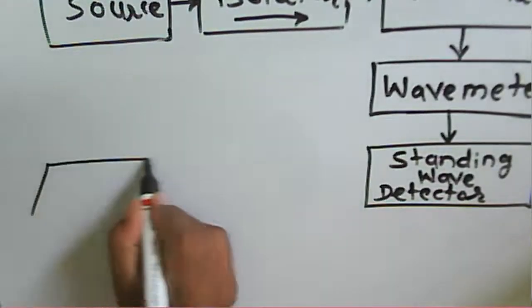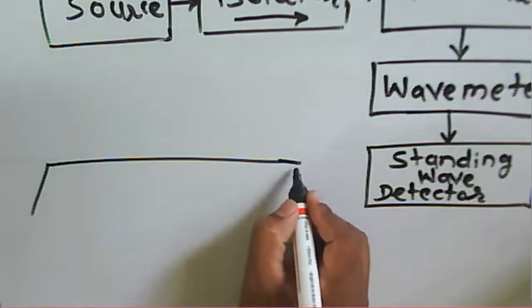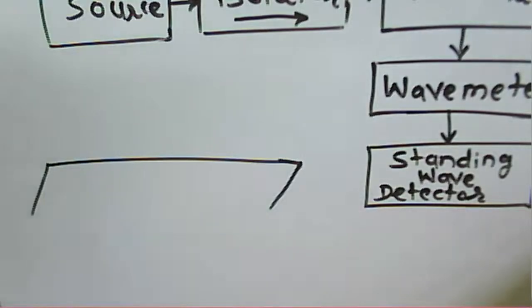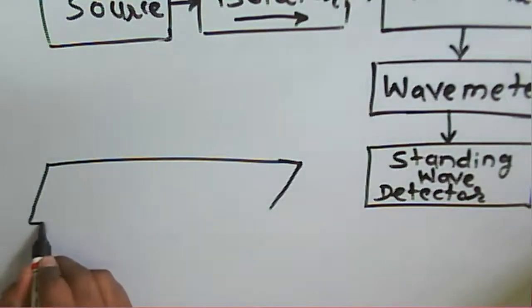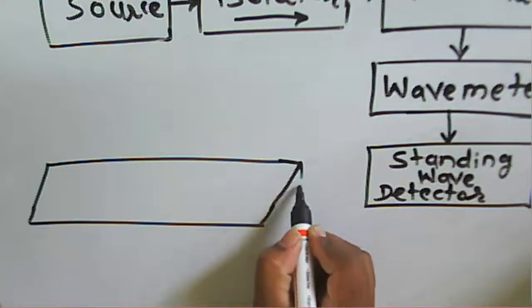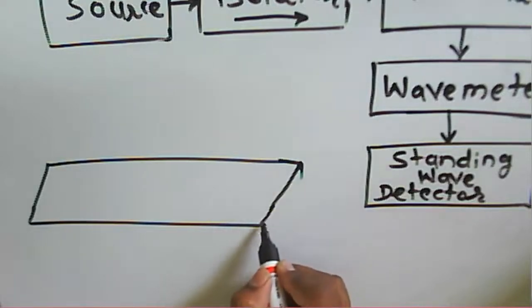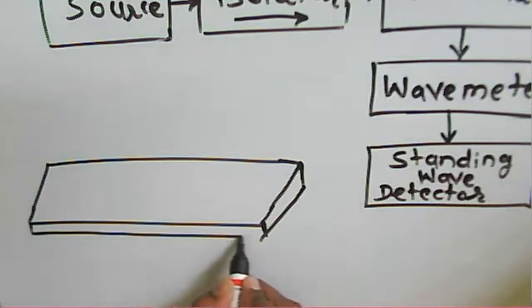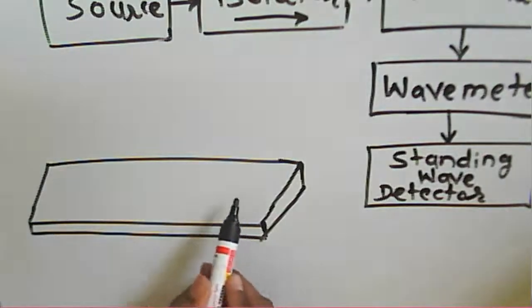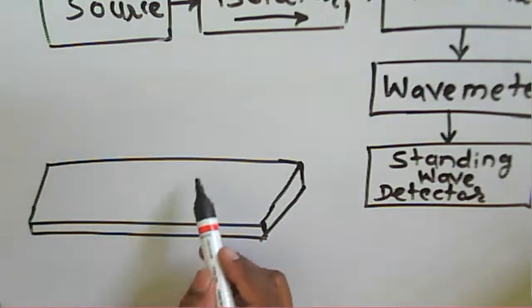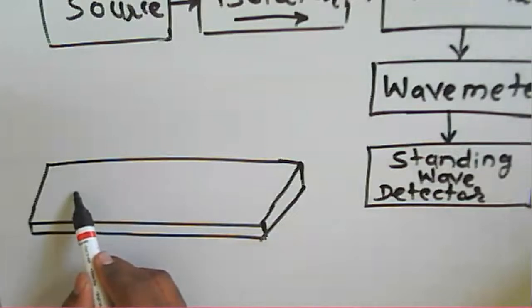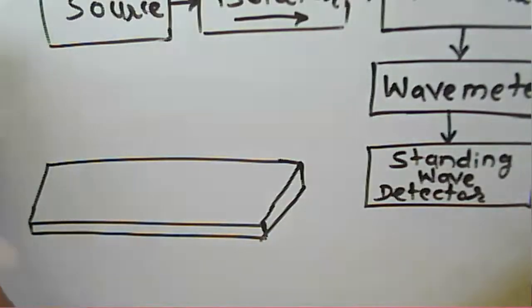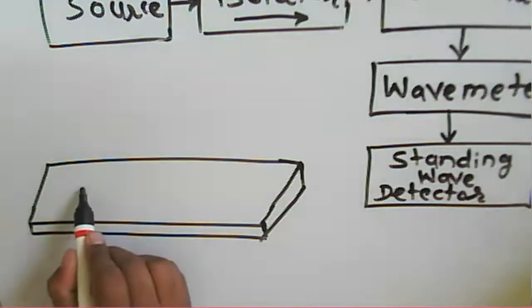This one is our rectangular waveguide. Now, what happens here for the given rectangular waveguide? At the wider side, this one being the width, there is a small opening section.